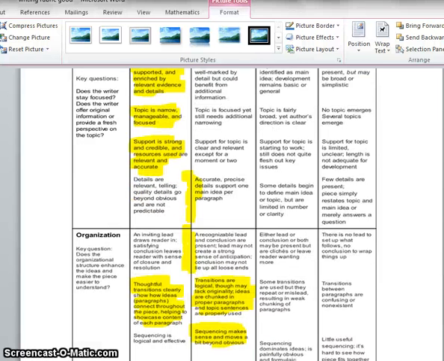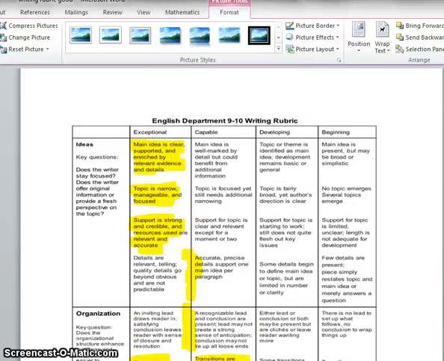Looking back at it, I can see why I got such a good grade on it, because I think that mainly my ideas were very logical and very well organized within paragraphs. No run-on sentences, nothing like that.